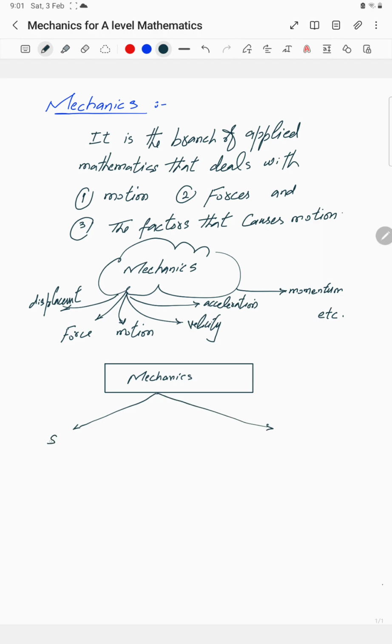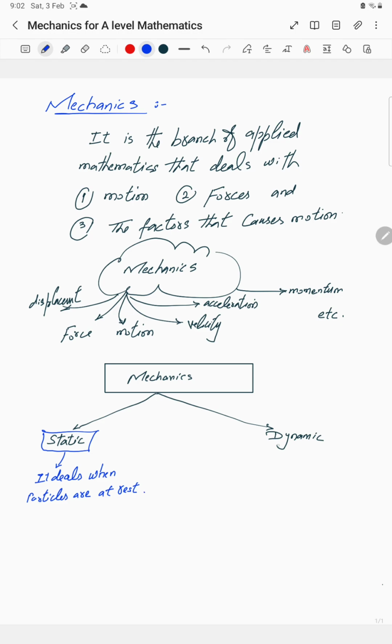One is called statics and the other one is dynamics. Statics deals with particles when particles are at rest, not moving.